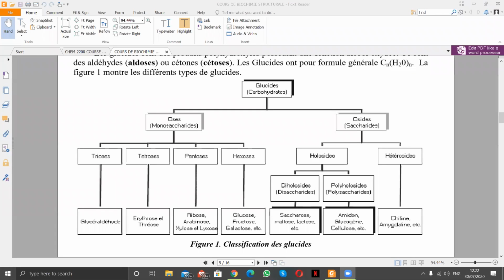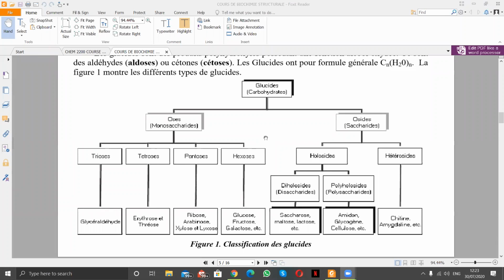I think from the prefix itself, we know that mono means one. Poly, it contains many. Oligo, it's many, but it is minimal compared to poly.